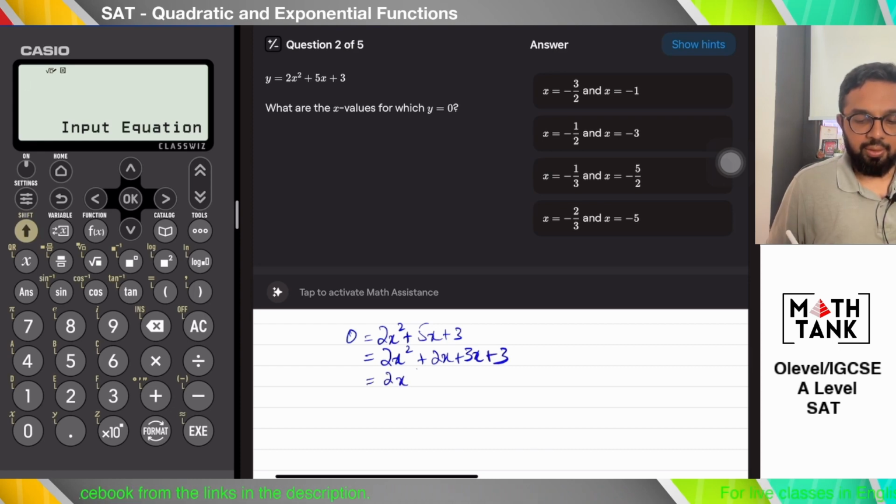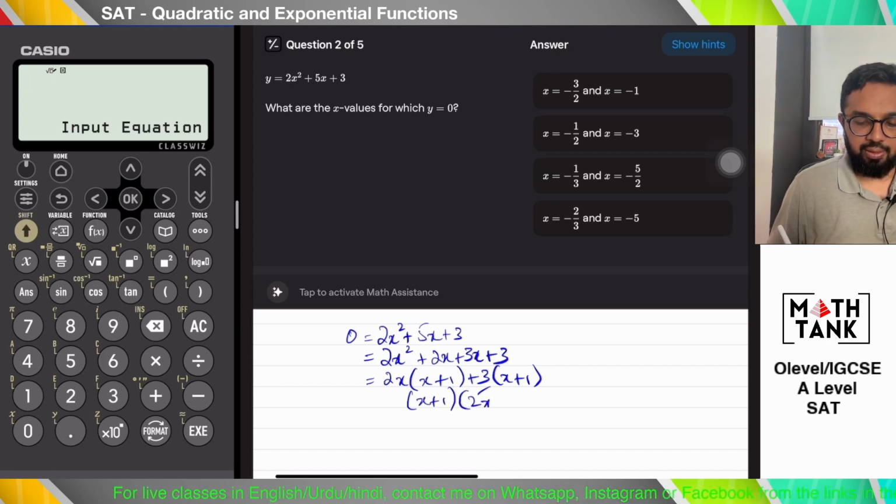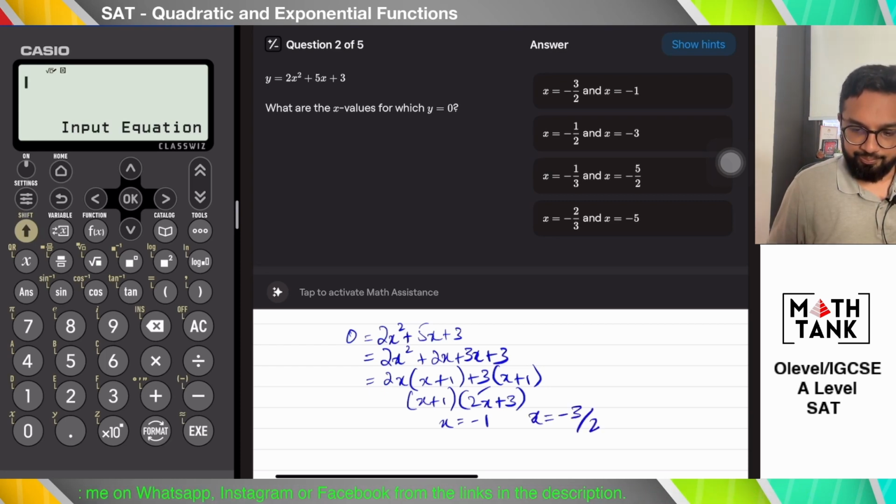So breaking the middle term, 2x common, x plus 1, plus 3 common, x plus 1, gives x plus 1 and 2x plus 3. So x equals minus 1 and x equals minus 3 over 2.